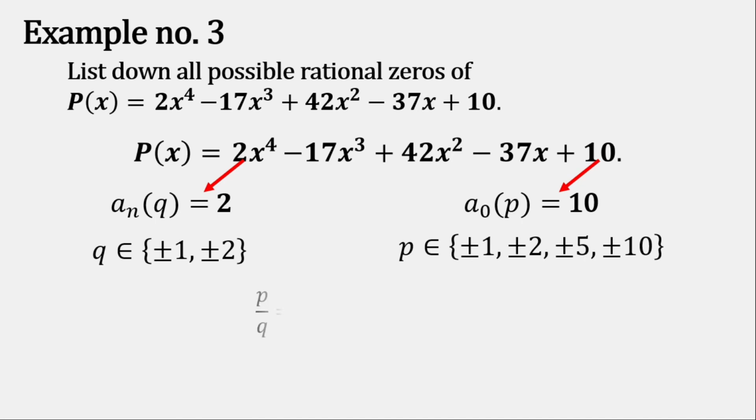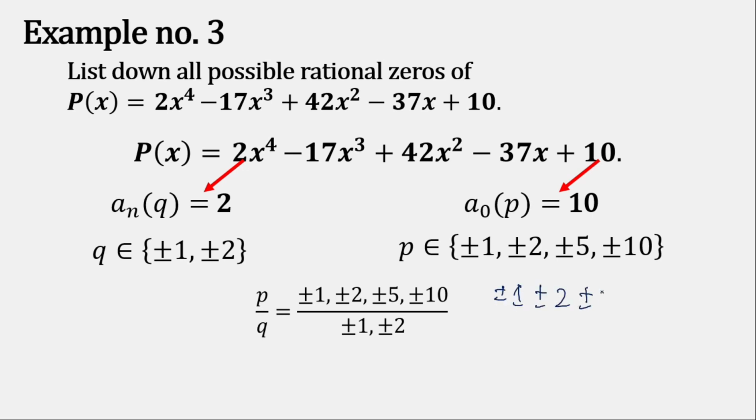So let's solve for P over Q. As you can see, if we divide all these numbers by 1, the answer will be that number: positive negative 1, positive negative 2, positive negative 5, positive negative 10. Now let's divide by 2. 1 divided by 2 is positive negative 1 half.